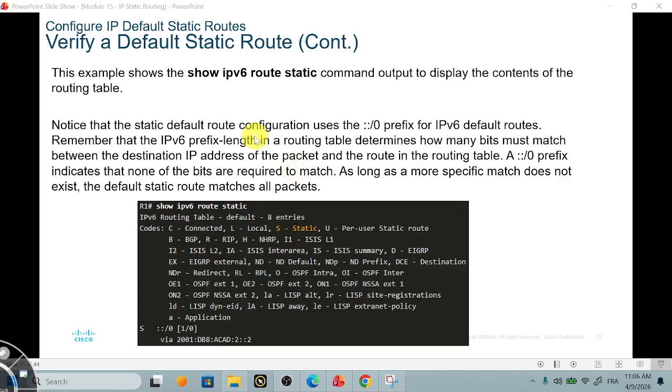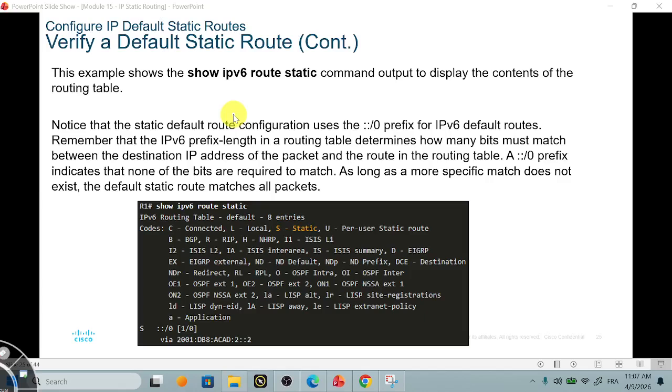So in this lecture, we now know how to configure a default static route. For IP version 4, it's 0.0.0.0 for the network, 0.0.0.0 for the subnet mask, and the IP address of the next hop.